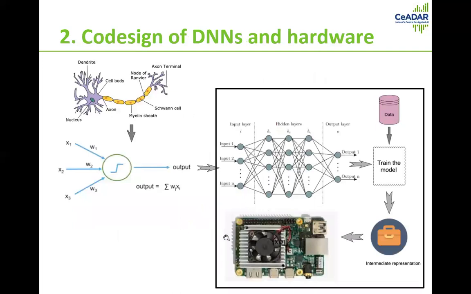We're working here in the hardware part of this pipeline, but what can we do on the neural network side of things? In fact, this field is called co-design of DNNs and hardware. You not only design DNNs to work better on hardware, you design them together in conjunction with each other. So this whole pipeline is in a way optimized.